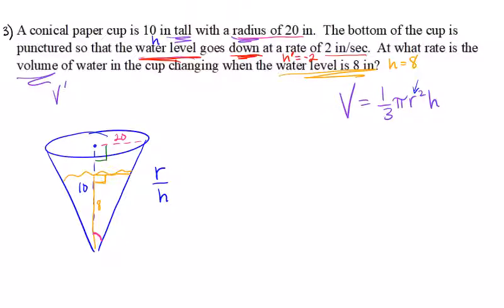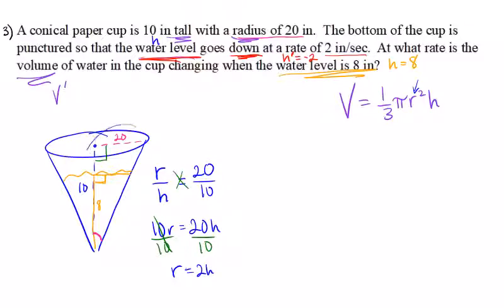I know that R, radius over height, is equal to 20 over 10, right? And that allows me to cross multiply here and solve for R. So 10R equals 20H. And then I can divide both sides by 10. And so R equals 2H. Okay.